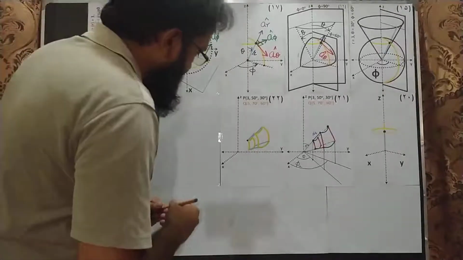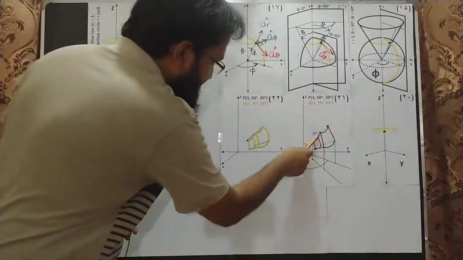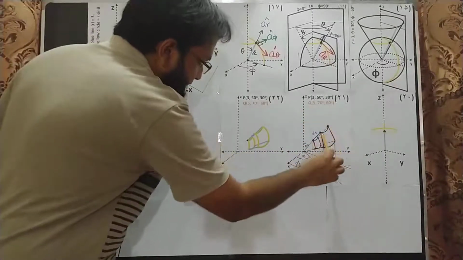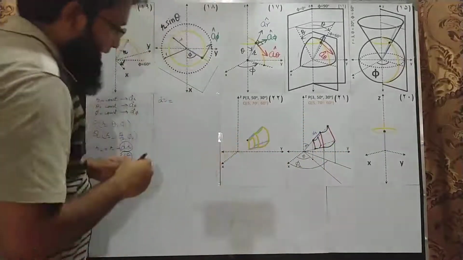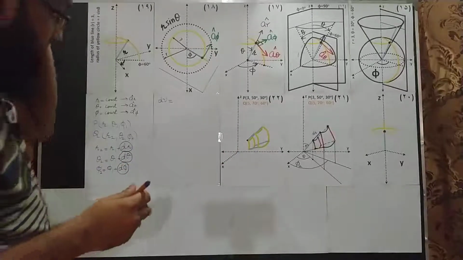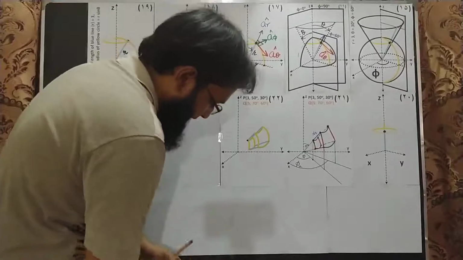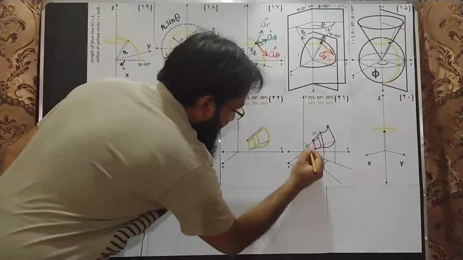So the length of this line has been decided. This is dr. The length of this arc, the red arc, can be defined, because we had already discussed that. Now I think I can draw it here.